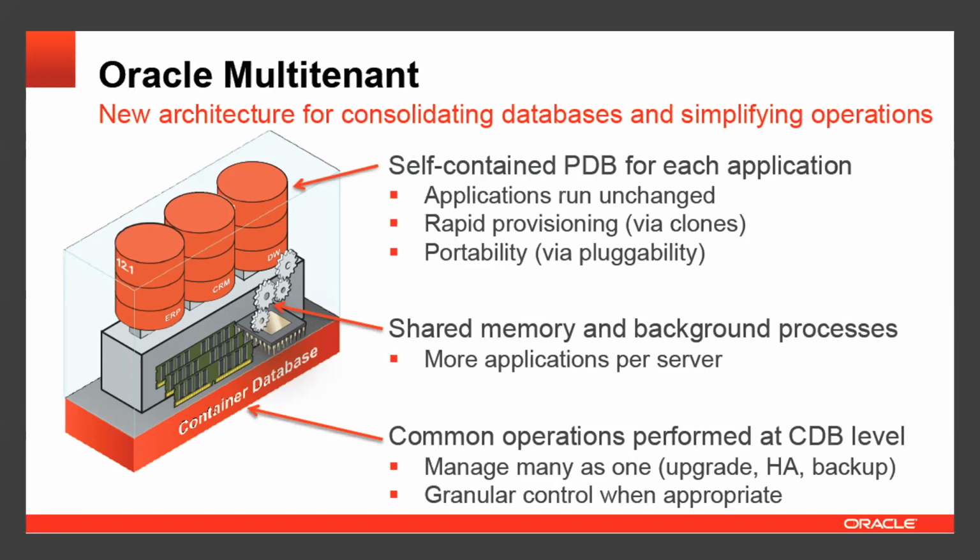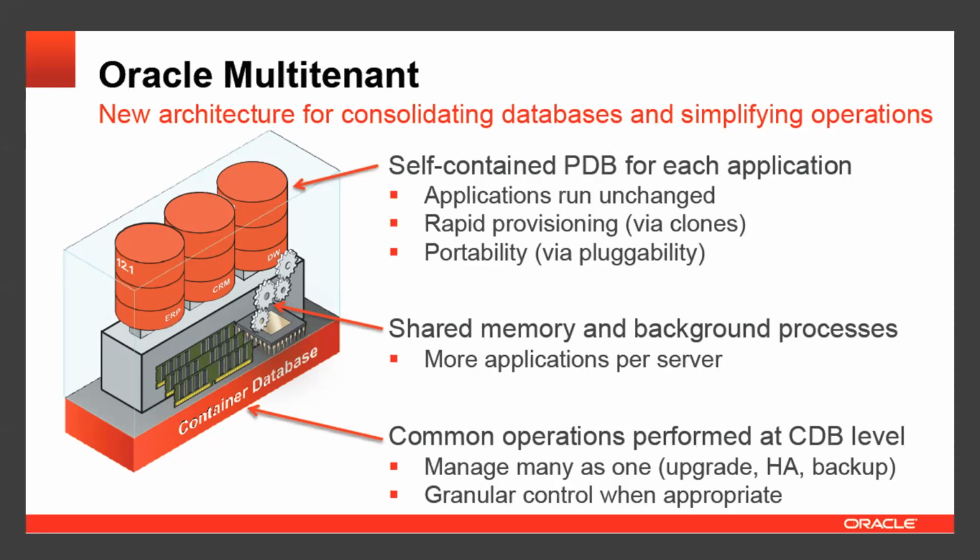The key benefit here is a self-contained PDB for each application. If you're moving from the 11G world to 12C, your application need not be changed. You just need to figure out how to connect to pluggable databases. That's it. Next is rapid provisioning via clones: in 12C Release 1, pluggable databases offer a really easy way to clone your databases.